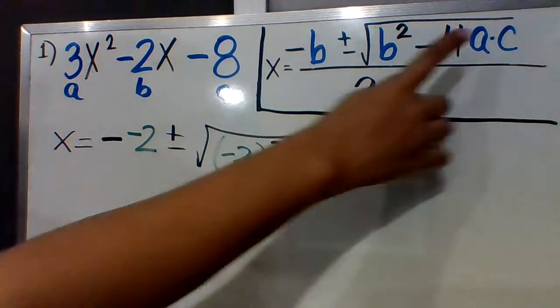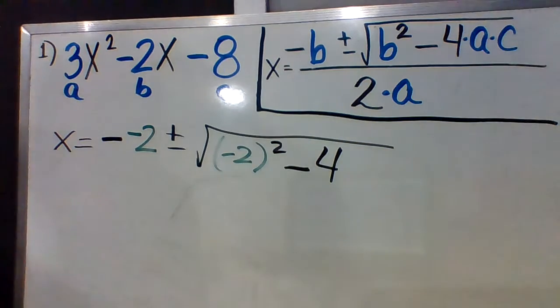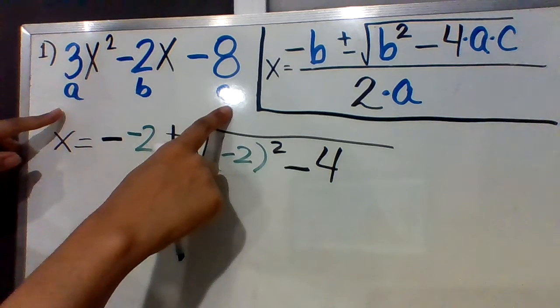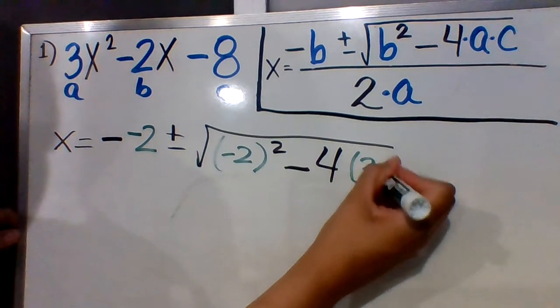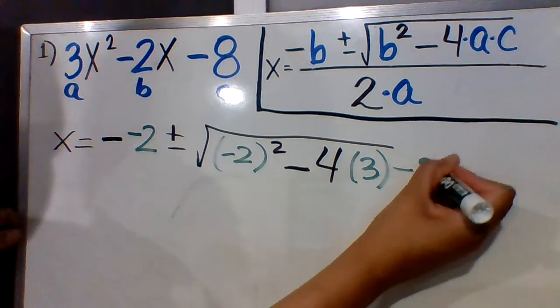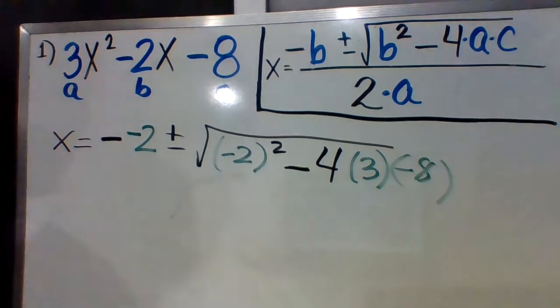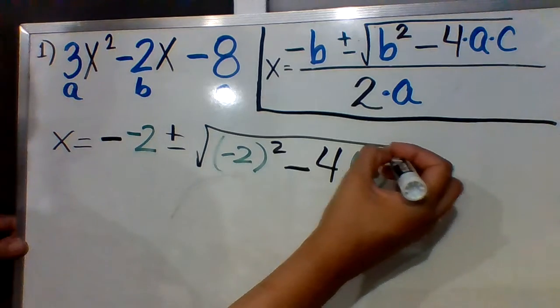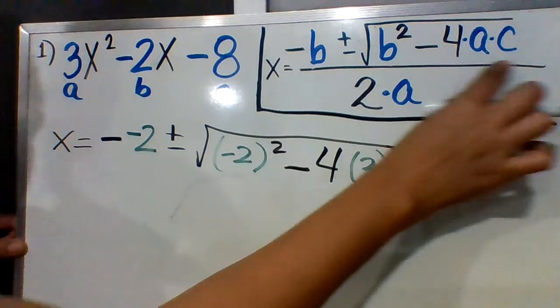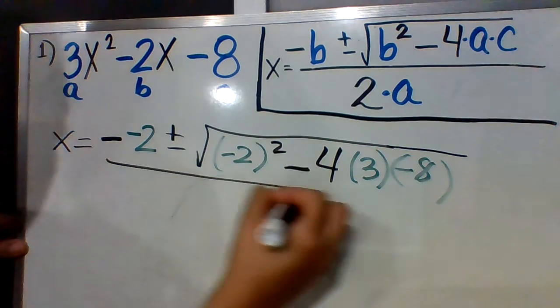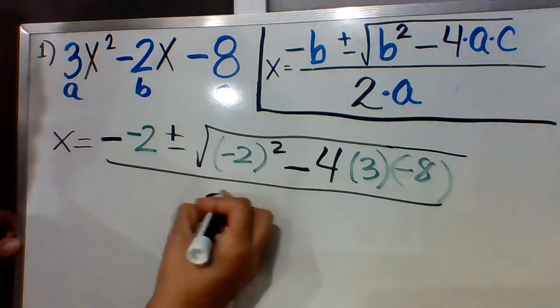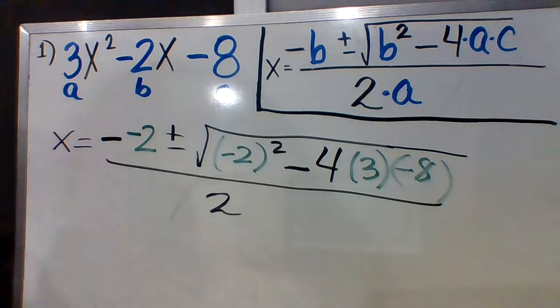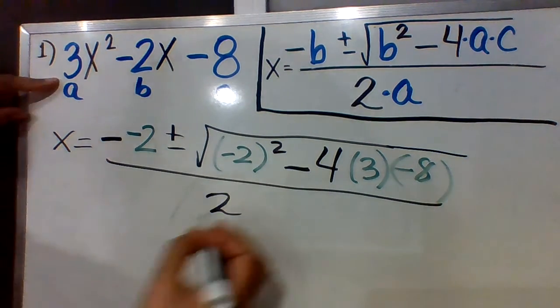Then I need to multiply A and C, and so that would be 3 and -8. Okay, the next thing I'm going to do is put the division bar all over and then 2A. So it's 2 times A, and A was 3.